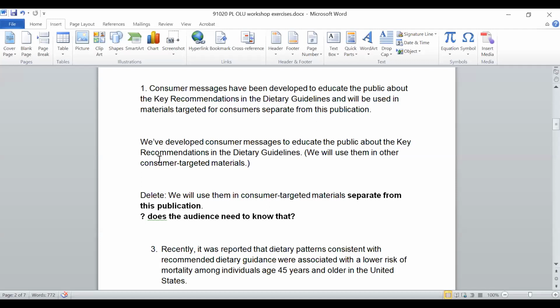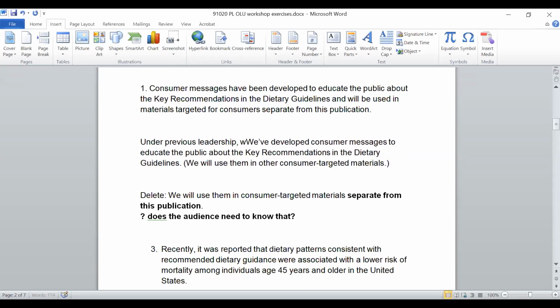Sometimes they're modifying something. It depends, this is why it's really helpful to have an example in front of me, but let me see if I can add something here. Under previous leadership, I'm just changing this. Under previous leadership, now that's a prepositional phrase.